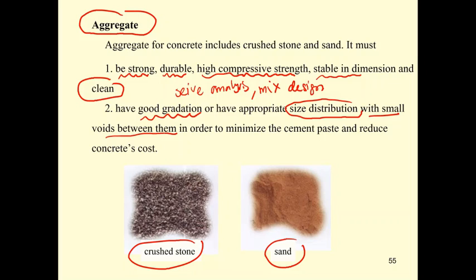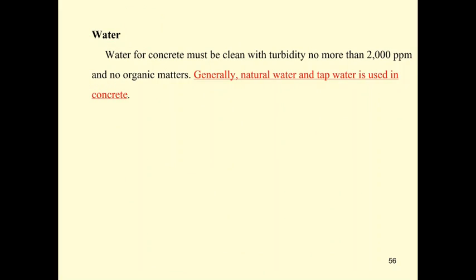That means when you have the big aggregate, right, you have to have a small one that's going to stay between the voids of the big size aggregate. That's going to minimize the cement paste and reduce the concrete cost. Okay, that reduces the cement paste because you fill all the parts of the void with different sizes of aggregate. So mix design is very important. You're going to follow that. They have some specific standards like ASTM, those kinds of things.